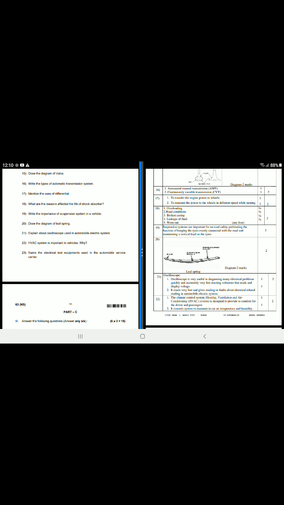Next, 22nd question, HVAC system is important in vehicles. Why? The climate control system, that is heating, ventilation and air conditioning system, is designed to provide control for the drivers and passengers. It controls the system to maintain in-car air temperature and humidity.